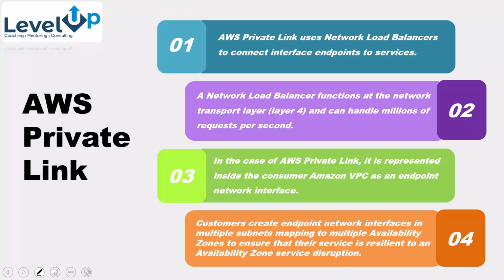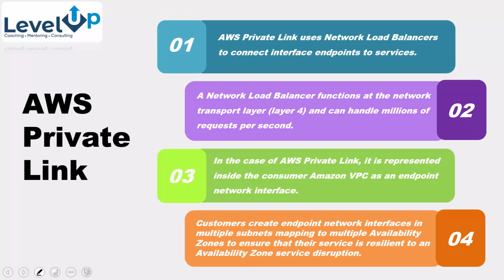It is nothing but a network, and this network uses a network load balancer behind the scenes. We know a network load balancer functions at network transport layer 4 and can handle millions of requests per second. In the case of AWS PrivateLink, it is represented inside the consumer Amazon VPC as an endpoint network interface.